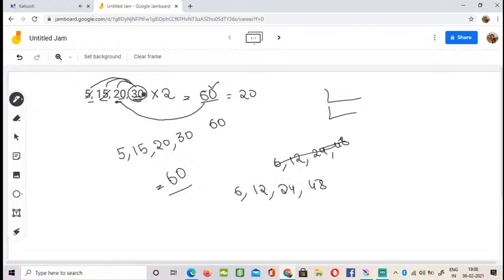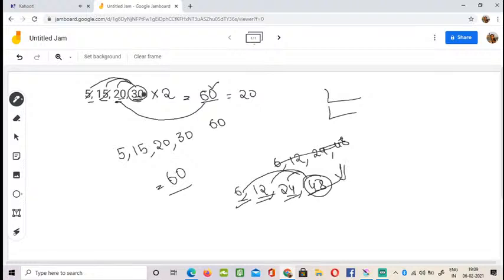Here again you have to see the largest number, which is 48. Then see whether 48 is divisible by 24, 12 and 6. Again 48 is divisible by all of 24, 12 and 6. So here 48 is going to be your LCM.